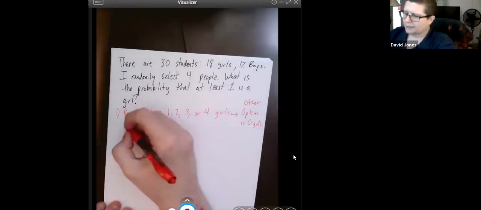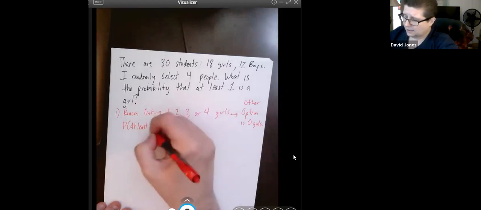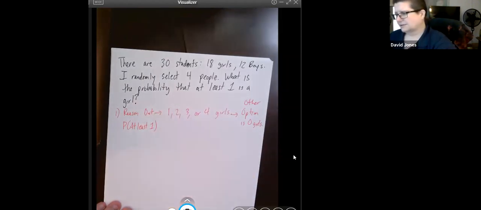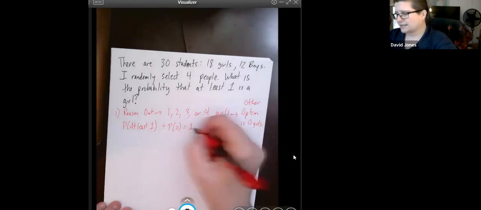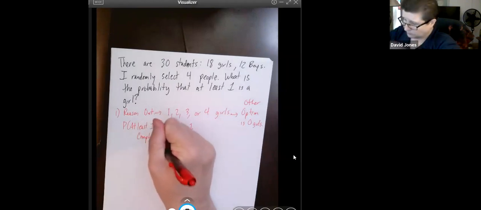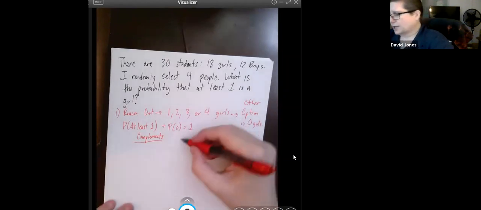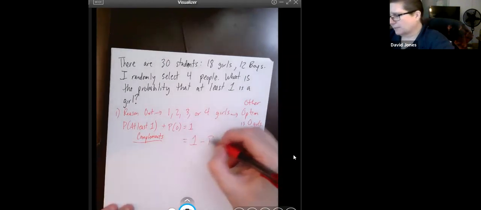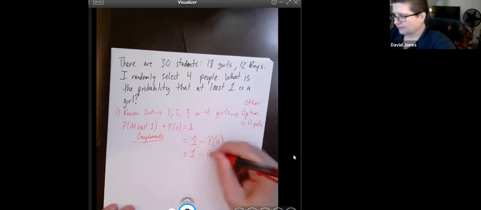So the probability of at least one and the probability of 0 girls have to add up to 1. These are complements. We are looking at 1 minus the probability of 0 girls, which is 1 minus the probability of all boys.